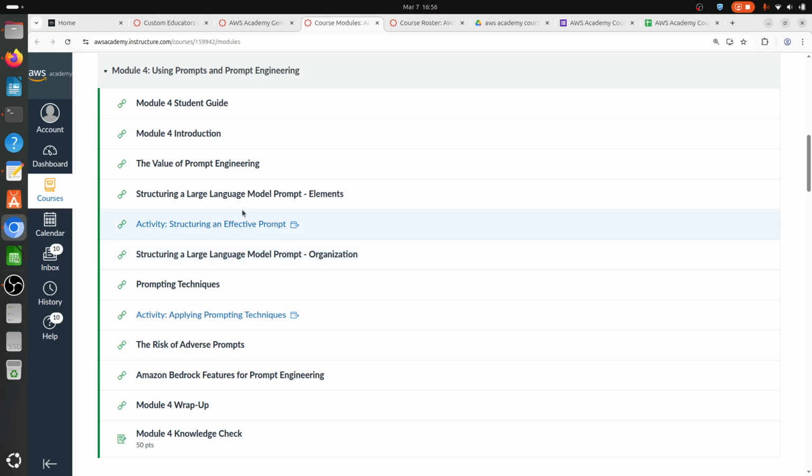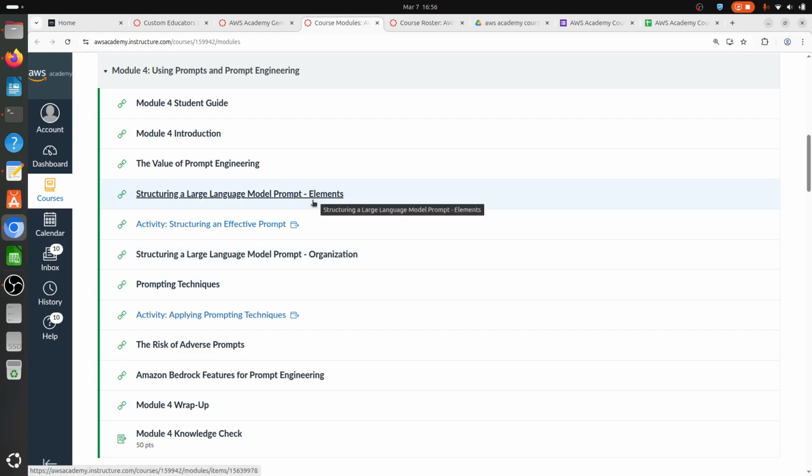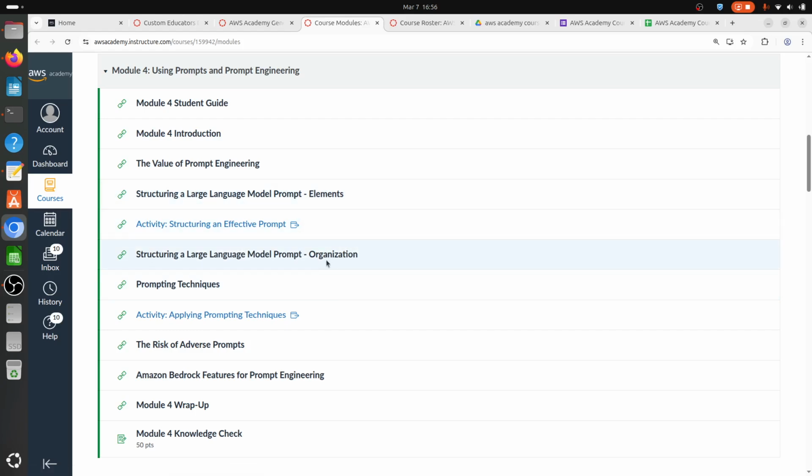And then there is an activity, structuring an effective prompt. There we will learn how an effectively written prompt can give you better results when we converse with a chatbot. Then, structuring a large language model prompt, its organization, what the elements of the prompt are and how I organize them.